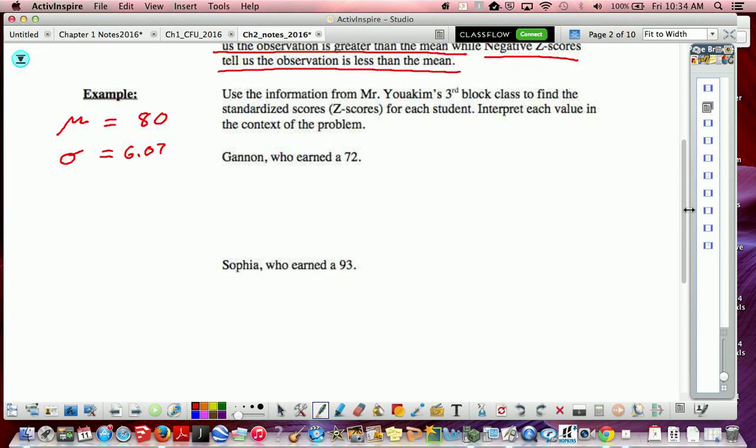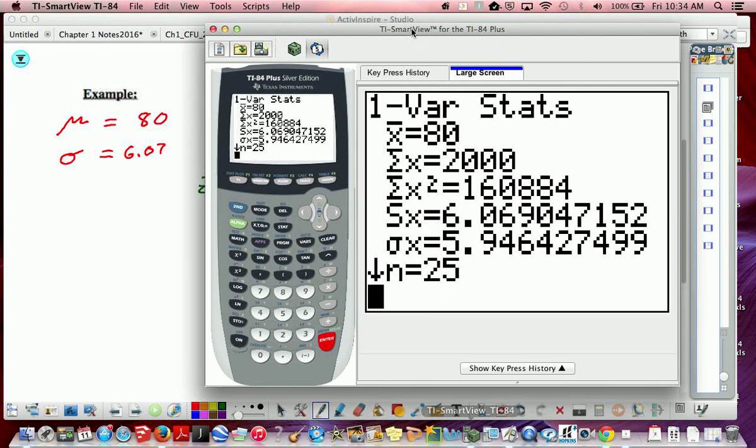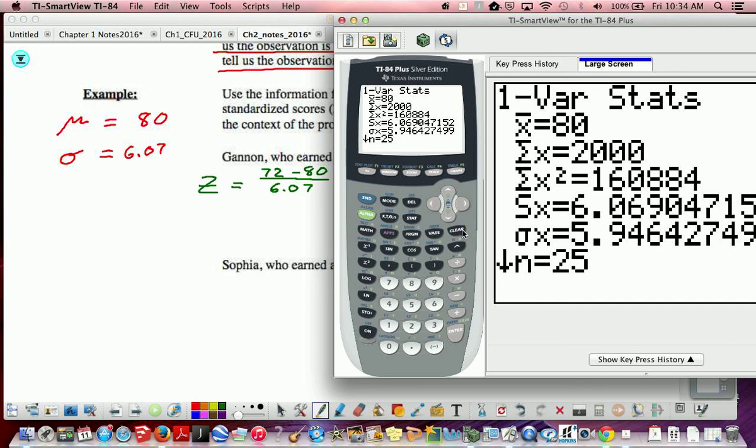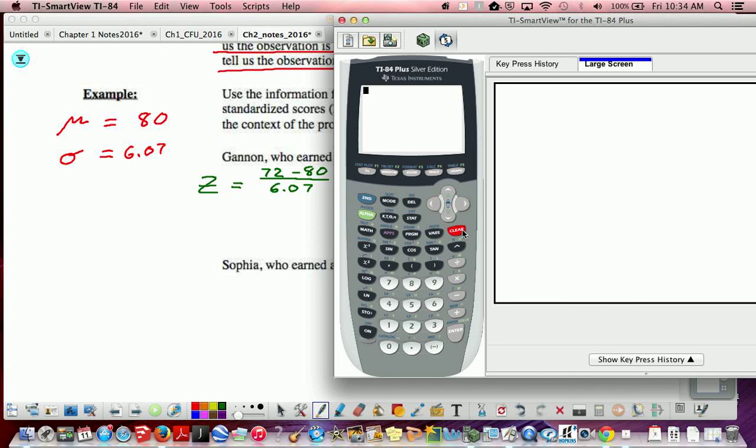So now, let's figure out Gannon's z-score. His score was 72. The mean was 80, standard deviation 6.07. Oh, Gannon. So, 72 minus 80, if you're going to do it on your calculator, this is just order of operations.